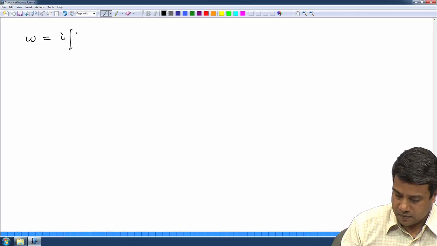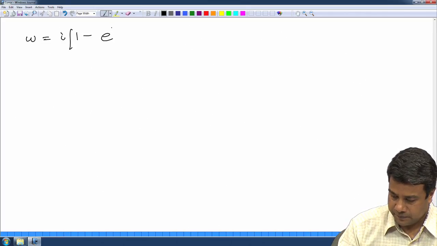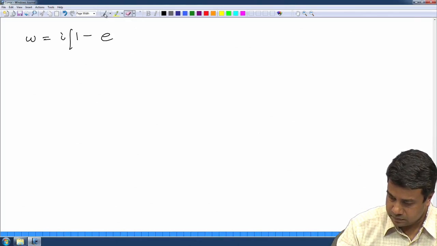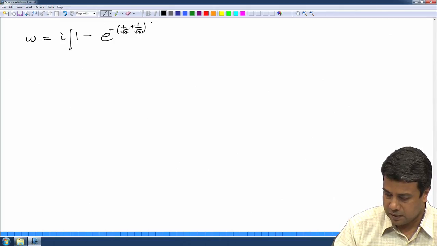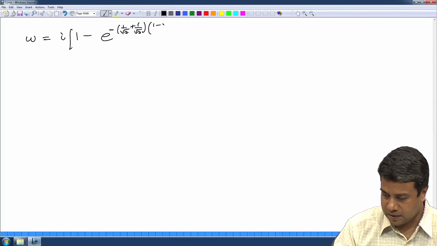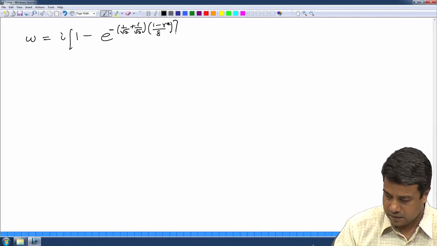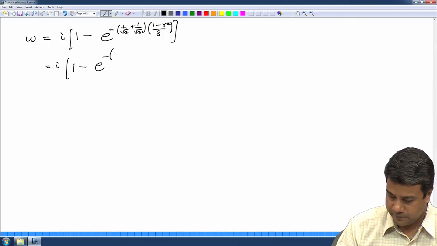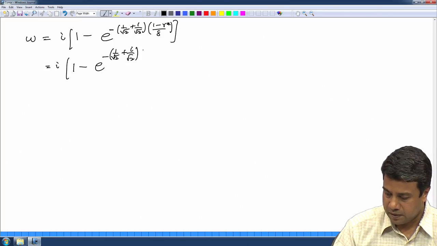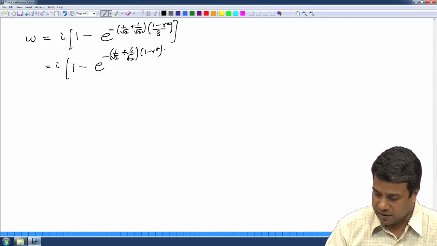So, the solution I will get is 1 minus e power minus 1 by root 2 plus i by root 2, into 1 minus r star by delta, which I can also write as 1 minus e power minus, into 1 minus r star, and delta we know is Re omega power minus half.